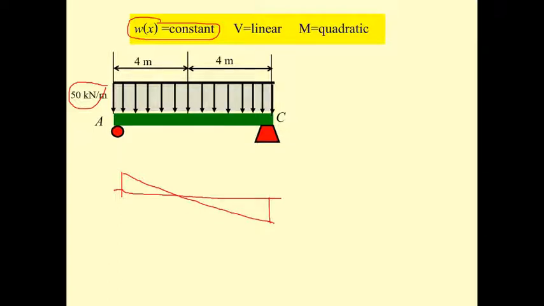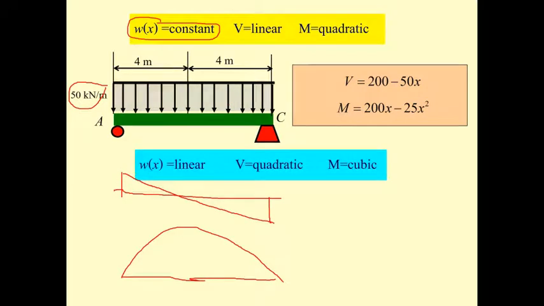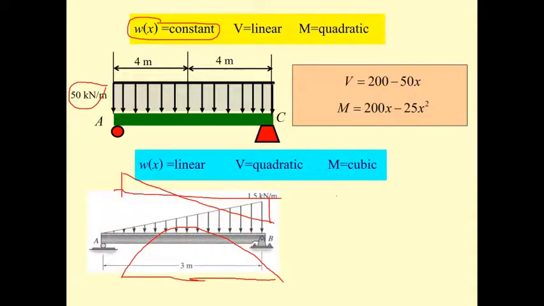And the moment diagram is going to have a shape like this. That means the constant distributed load produces the shear with 1 more degree, a linear function, and produces moment with 1 more degree than the shear force, a quadratic function.